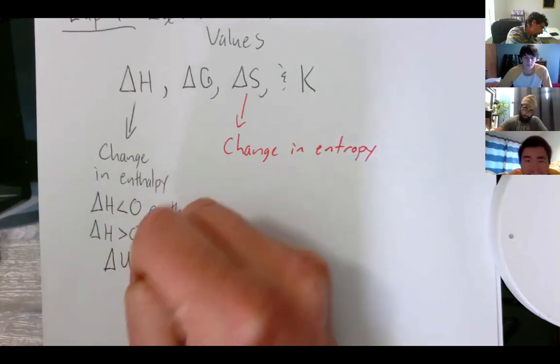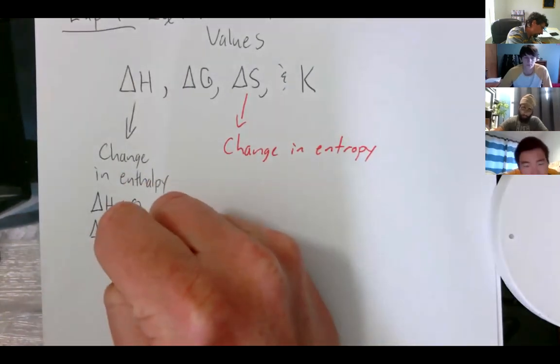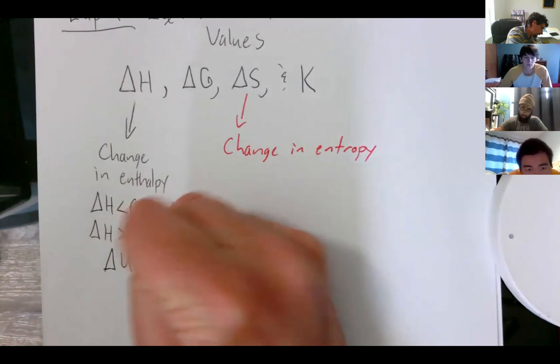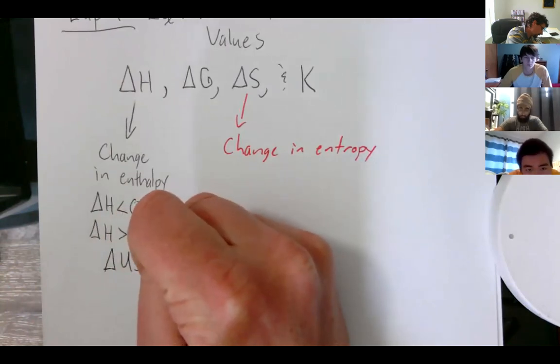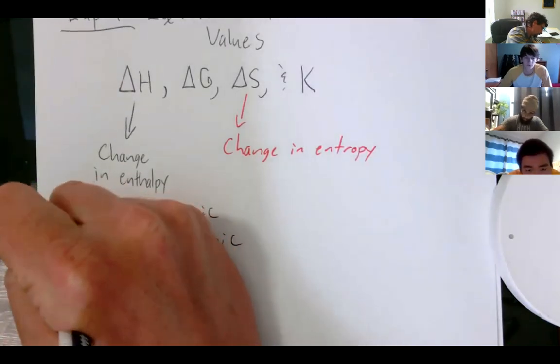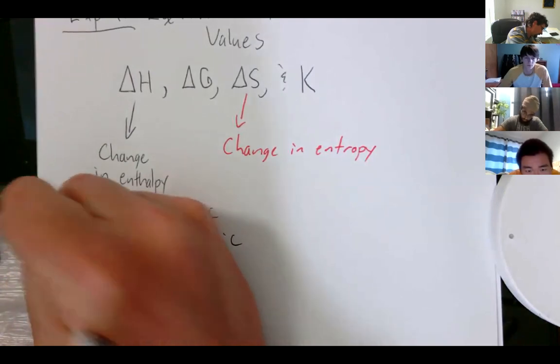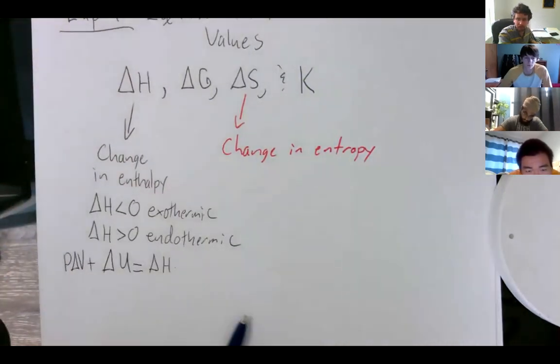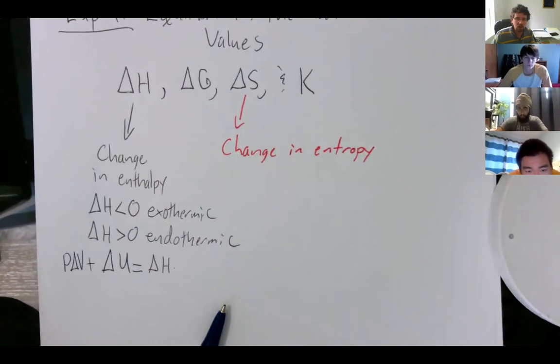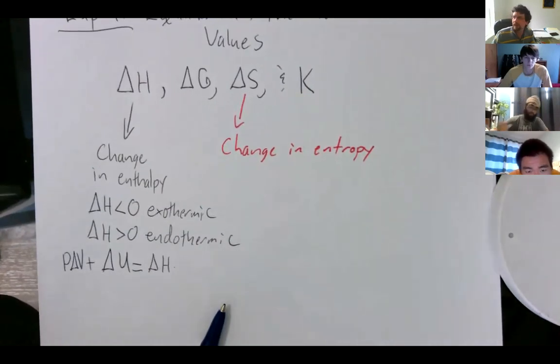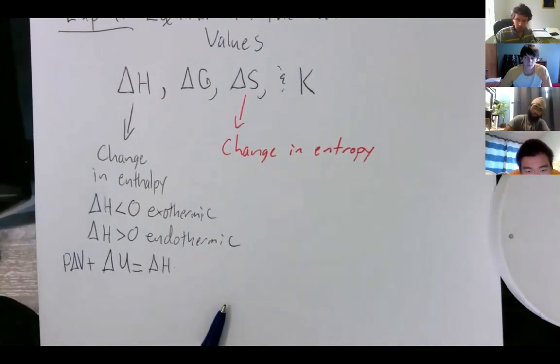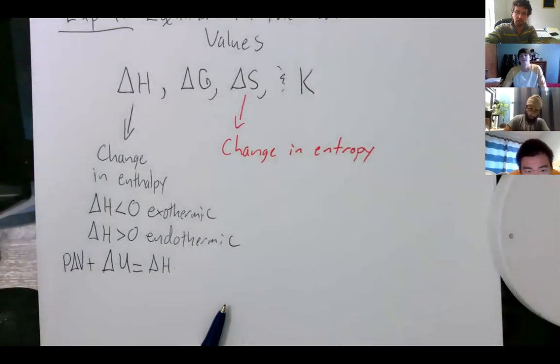So enthalpy, H, is delta U plus P delta V. I think that's right. So enthalpy is really related to something called internal energy.